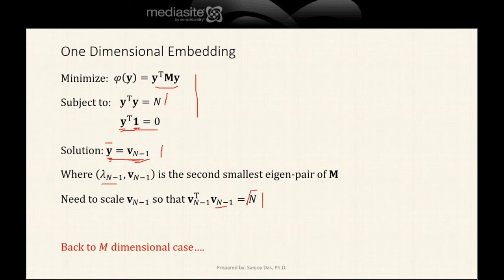Now let's move our attention back to m dimensions. So far we were looking at the one-dimensional case. We saw that we should take the one-dimensional coordinates y to be the second smallest eigenvector. Now we can easily see what will happen in the m-dimensional case.